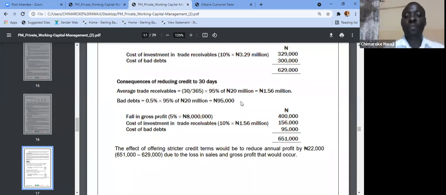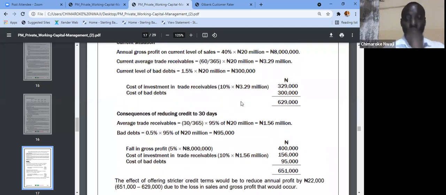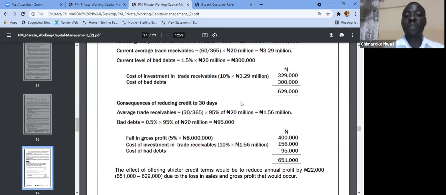So what will happen? The gross profit will have fallen. Your gross profit was how much? 8 million. And because your sales revenue falls by 5%, your gross profit will have fallen by 5%.